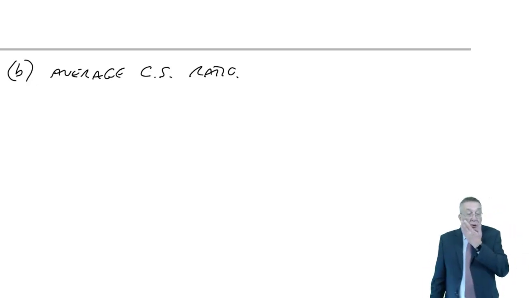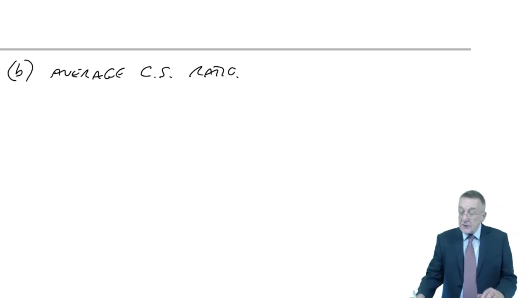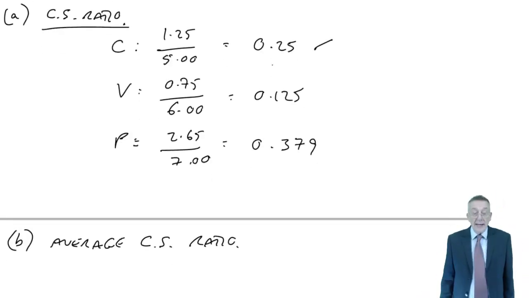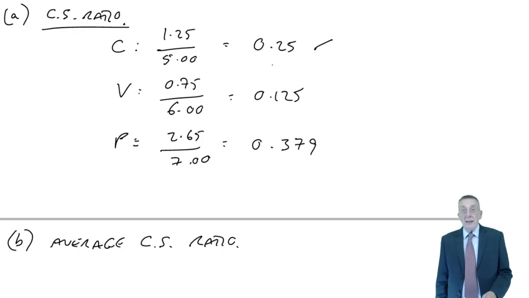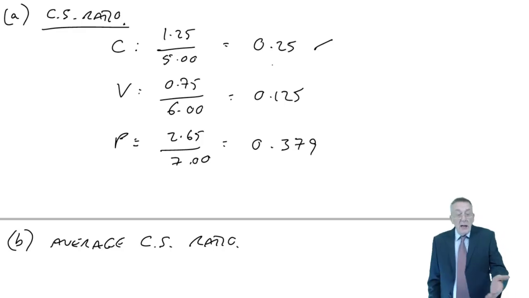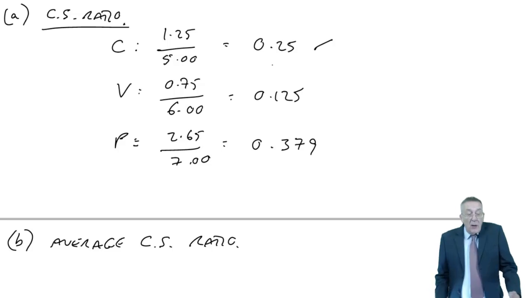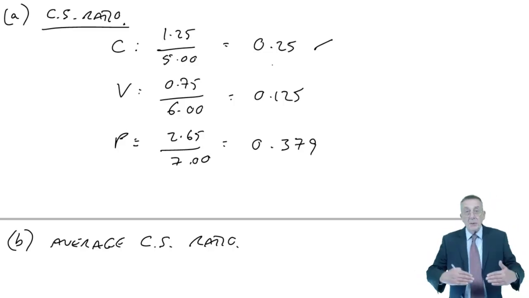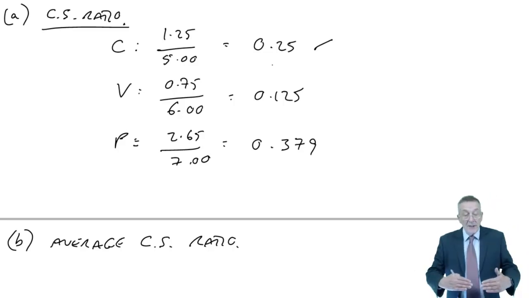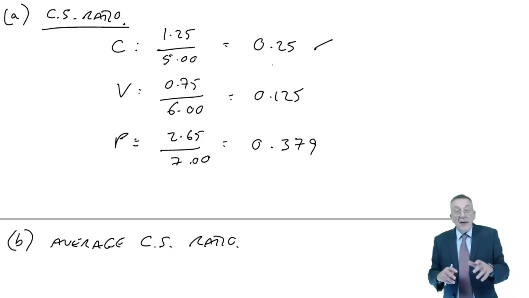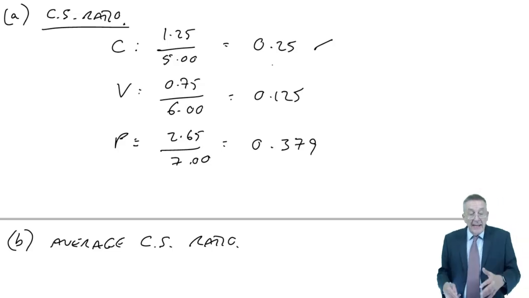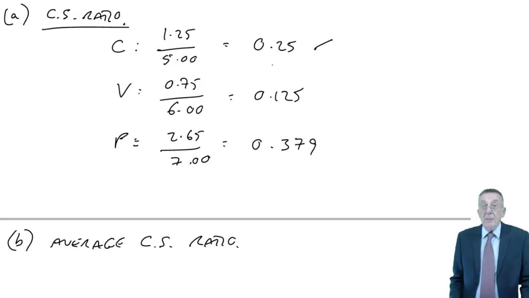And what you can't do is a normal average. What's tempting is to say, well, we've got 3, why not just add them up and divide by 3? You can't do that because of the overall picture. Look at P. P was selling a lot more than the others. So if the sales of all of them do go up and down by X%, the effect of P is going to be much bigger than the effect of C and V. P was selling far more units and there's a much bigger contribution.